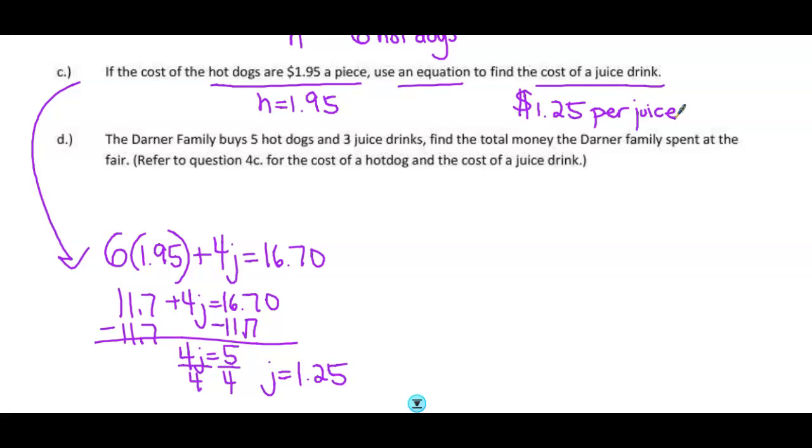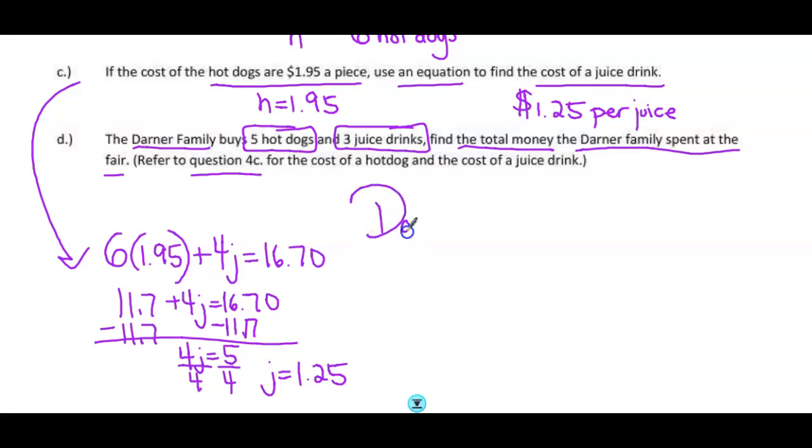And the last one on the note sheet today says the Darner family buys 5 hot dogs, 3 juice drinks. Find the total money the Darner family spent at the fair. And then it says in parentheses here, refer to question 4C for the cost of a hot dog, and then you know the cost of the juice.